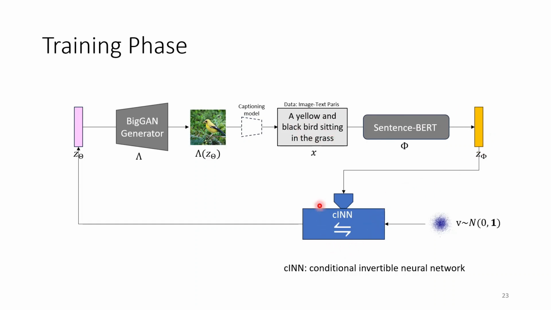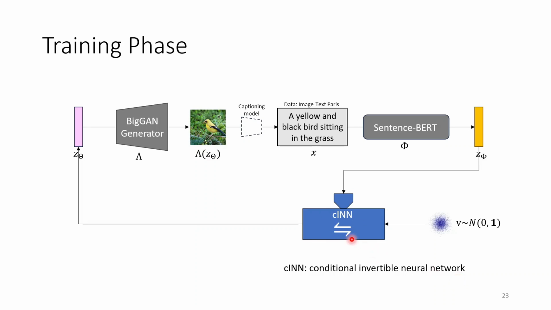What they proposed is a conditional invertible neural network. The conditional invertible neural network was not their invention. There is an existing method, and they put those components together.